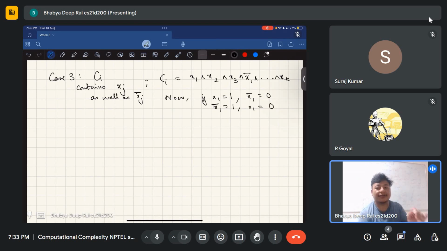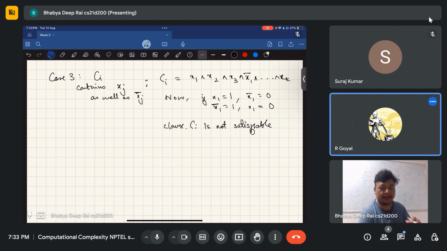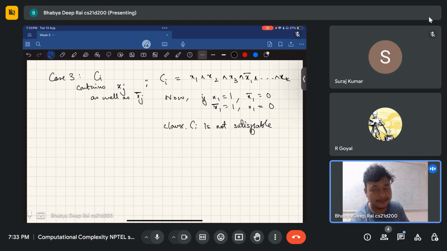So this clause is not satisfiable at all, because any assignment to x1 will not satisfy the clause, right? Getting it? Yes. Ci is not satisfiable in this case.